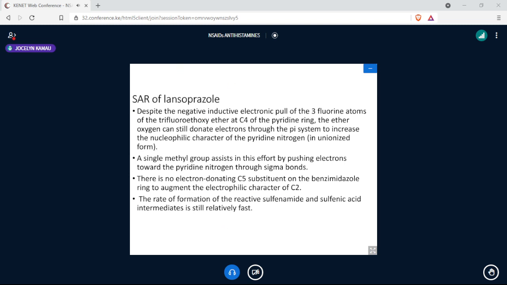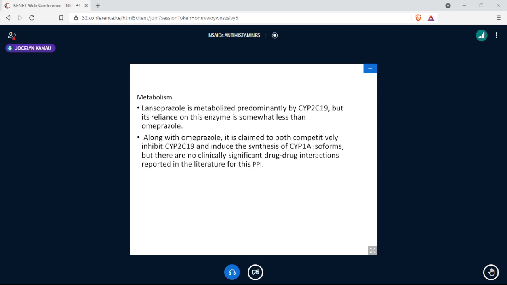So although we do not have any group on the benzimidazole ring, we have two substituents on the pyridyl group, allowing for rapid formation of the sulfonic acid or the sulfonamide, and hence enhancing the reactivity of this molecule.